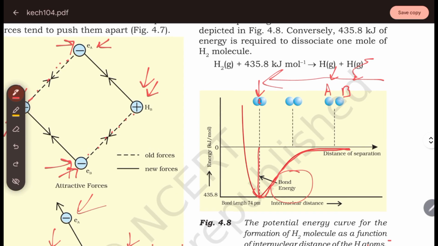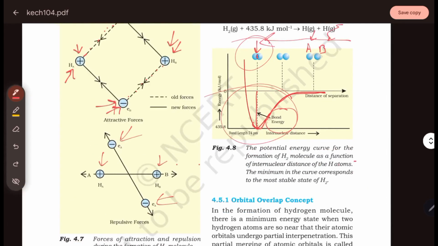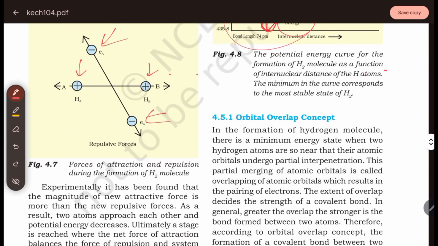Attractive interaction is always stabilization, repulsive interaction is always destabilization. So the net stabilization should be greater than the net destabilization. Under that situation, there occurs overlap of orbitals, there occurs lowering of energy, and the lowering of energy is known as the bond energy.